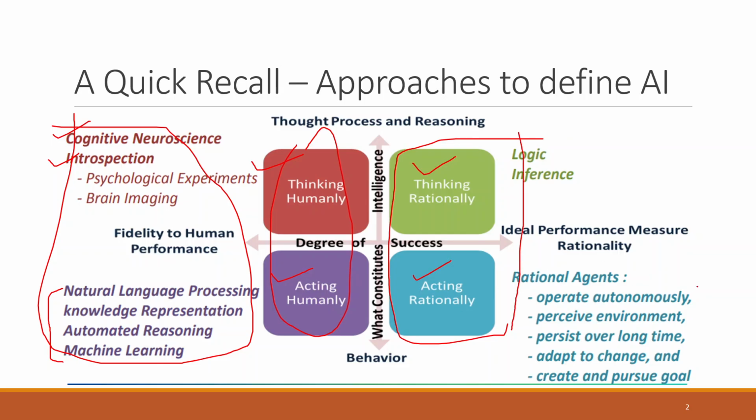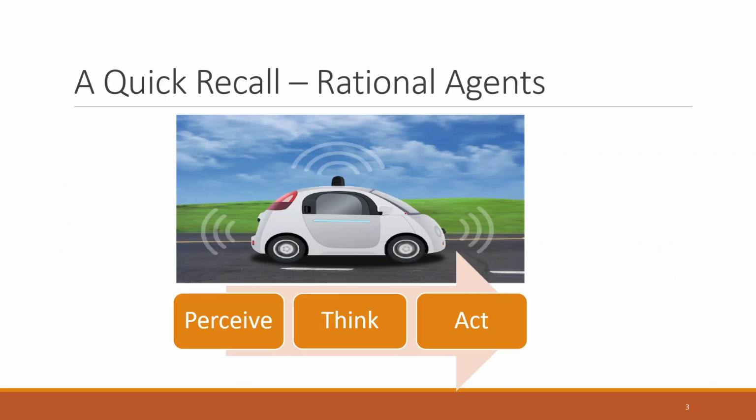Acting rationally is more relevant to rational agents, which operate autonomously, perceive the environment, persist over a long period of time, and create and pursue their goals. Such rational agents perceive from the environment with the help of different sensors, such as LiDAR and cameras, and then they do some processing based on the provided logic behind it, whether it is rationality or other things, and based on that they perform different actions on the environment. They perceive from the environment and they perform actions on the environment.